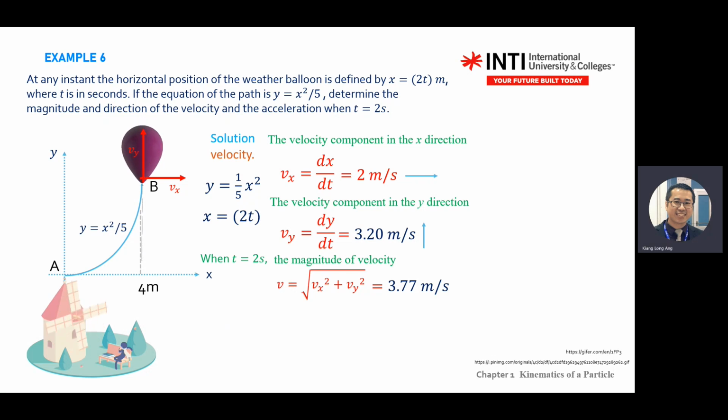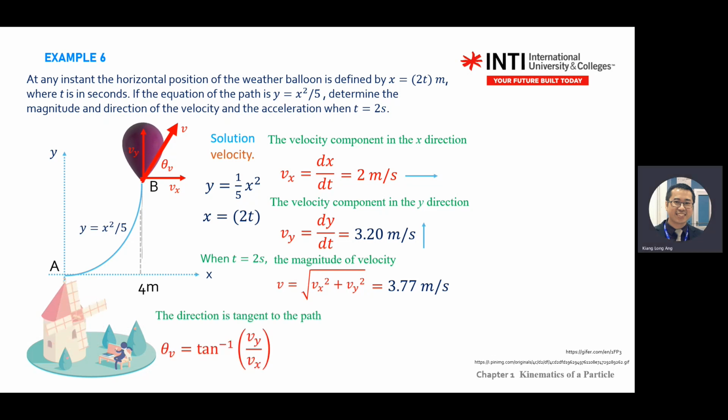Since this is a vector, the direction will be this way. Okay, the combination of this one plus this one, you'll get this vector. So this is the angle from the x-axis.